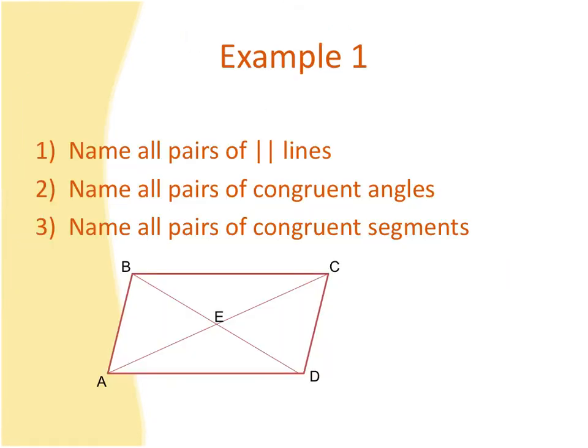Okay, so the first one's not too bad. It's just asking us to name all pairs of parallel lines. Before we even start answering these questions, you need to be given that ABCD is a parallelogram. If they don't tell me that this is a parallelogram, I can't assume anything about this figure.